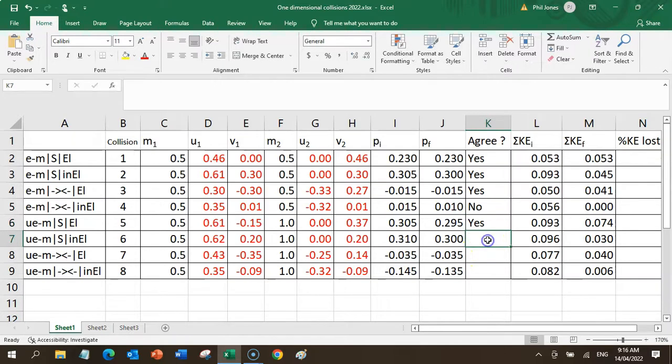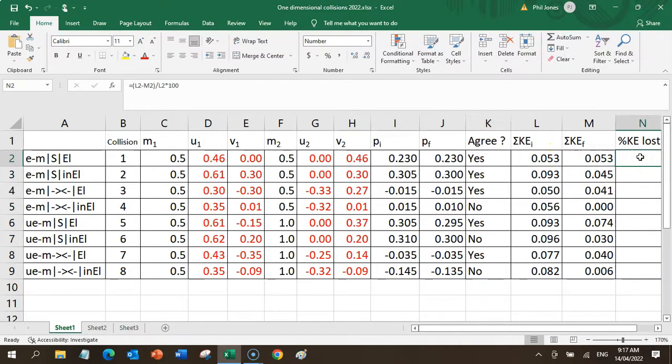And here again, the percentage difference, we might argue no case, but it's on the edge, isn't it? So down here, we can say yes. And here, there is a difference, and perhaps we could argue no there. Now, as far as the kinetic energy is concerned, what we're interested in is the change in kinetic energy in these collisions.